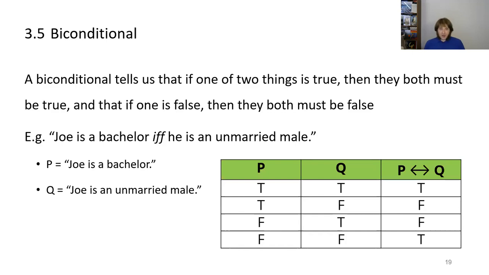So in the case where they're both false, right? It's false that Joe is a bachelor. It's also false that he's unmarried, which we can restate by just saying he is married. Then it's true that Joe is a bachelor as long as he's an unmarried male. We're saying those things come as a package. They're both true or they're both false. And it can be true when they're both false that if one's true, the other one has to be true as well.